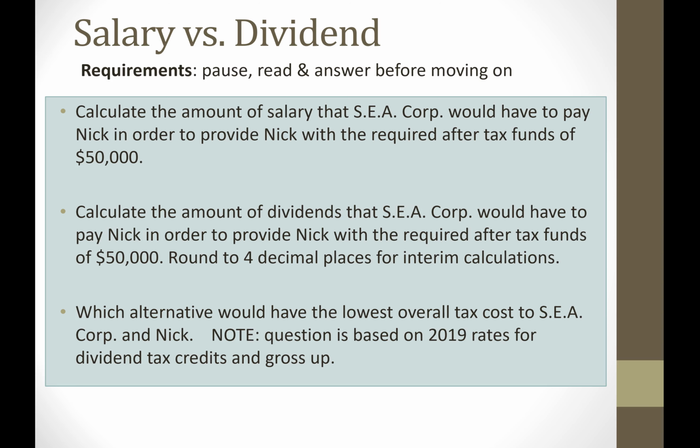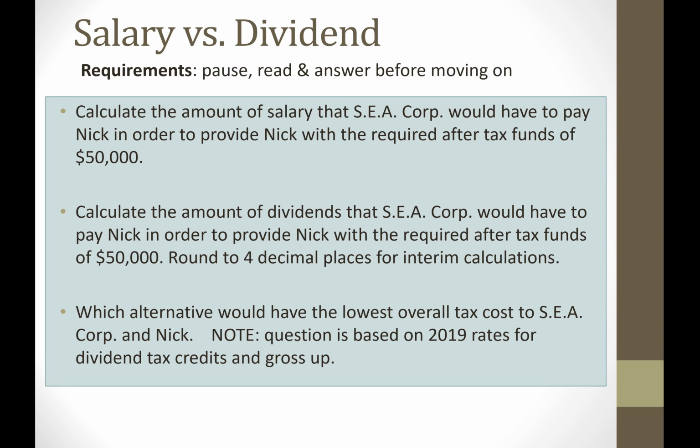Round those interim calculations to 4 decimal places and use that to work through part 2. And then the final question, based on your calculations, is which is the better alternative, that has the lower overall tax cost to C Corporation and Nick. So pause the video now, work through the question, and then resume the video for the solution.